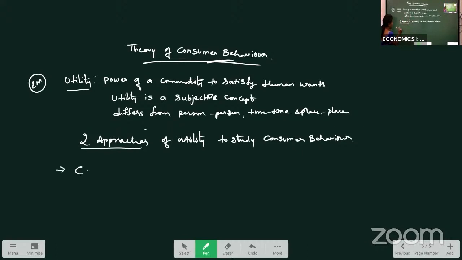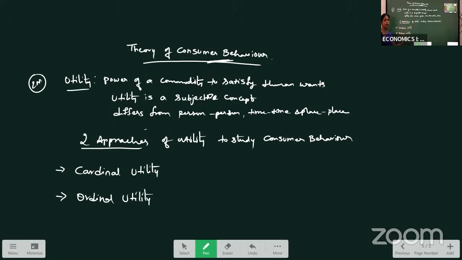One is cardinal utility. The other one is ordinal utility, right? Two approaches of utility to study consumer behavior. One is cardinal utility.